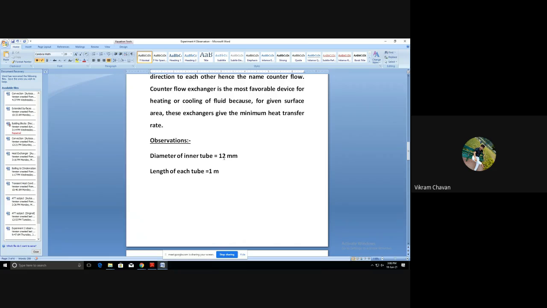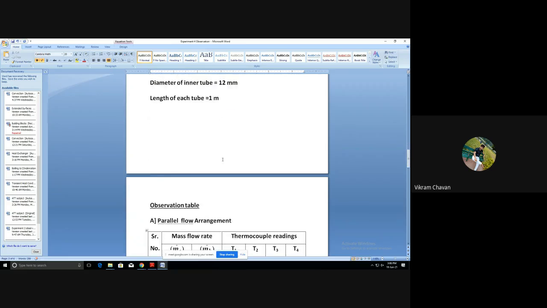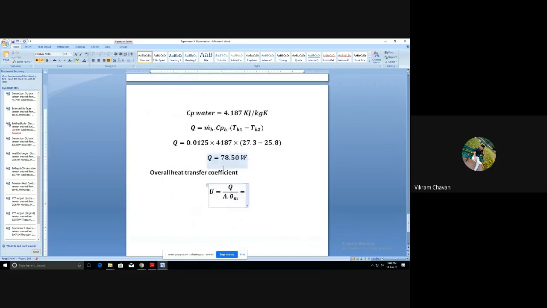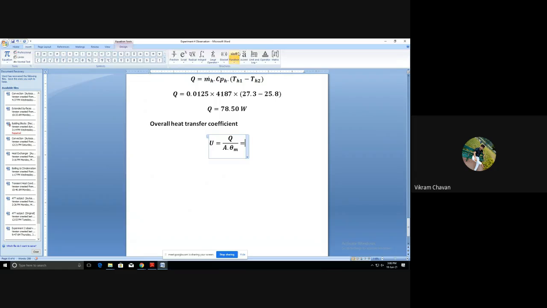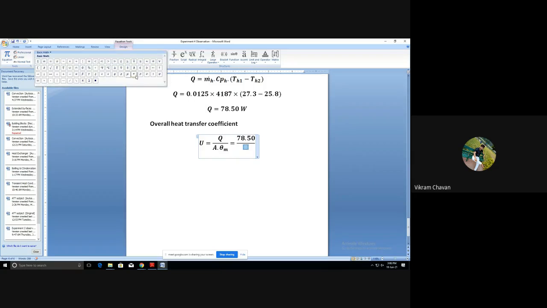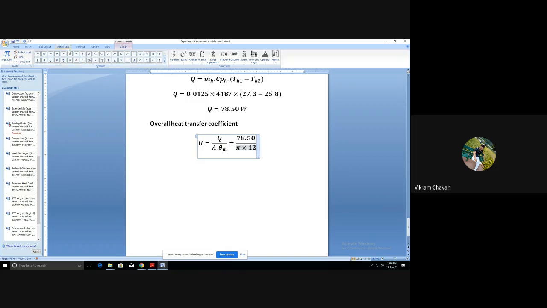Consider the diameter in meter: 12 multiplied by 10 to the power minus 3, multiplied by 1.